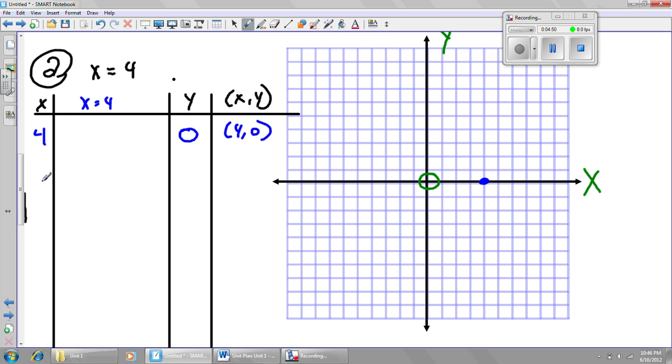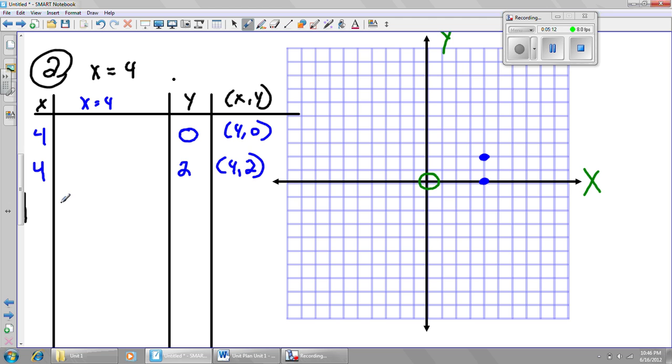You don't know? Read the equation. X equals 4. But I can't say that y is 0 again because that'll give me the same exact point. But I know it's a linear equation, so I can pick any y value I want. I'll pick 2 this time. (4, 2) must be on the graph.